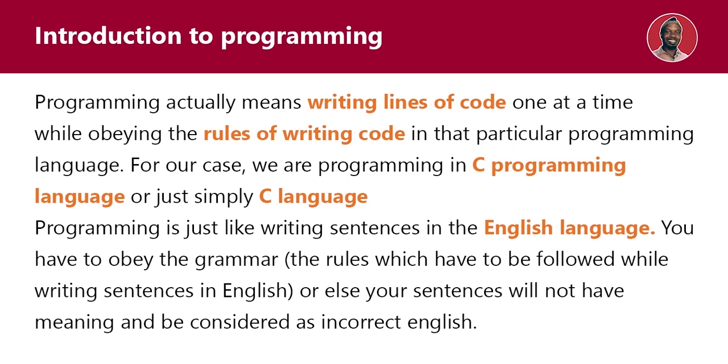Programming actually means writing lines of code one at a time while obeying the rules of writing code in that particular programming language. For our case, we are programming in C programming language or just simply C language. Programming is just like writing sentences in the English language. You have to obey the grammar, which are the rules that you have to be following while writing sentences in English, or else your sentences will not have meaning and be considered as incorrect English.